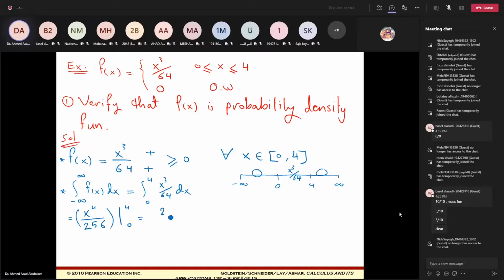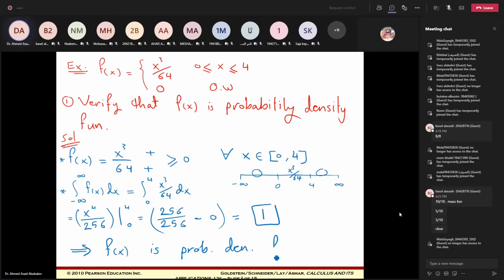Substitute 4, we have 4 to the power 4, 256 over 256. Substitute 0, we have 0. So this is equal to what? 1. Now we can conclude that f of x is a probability density function, PDF.